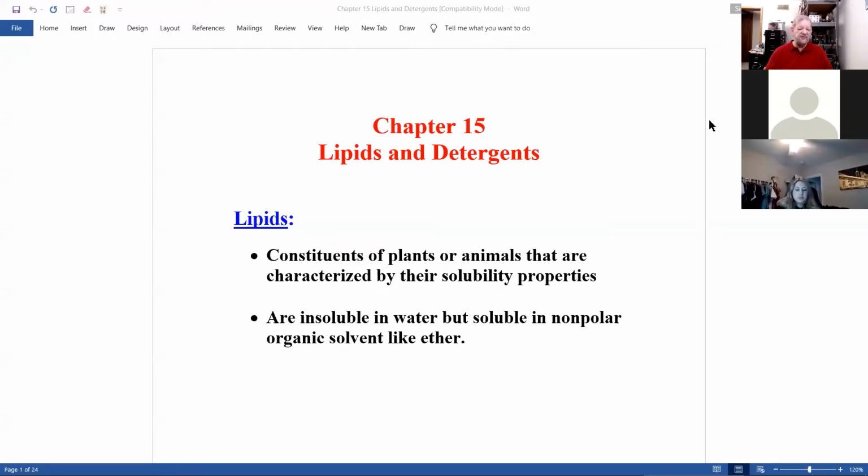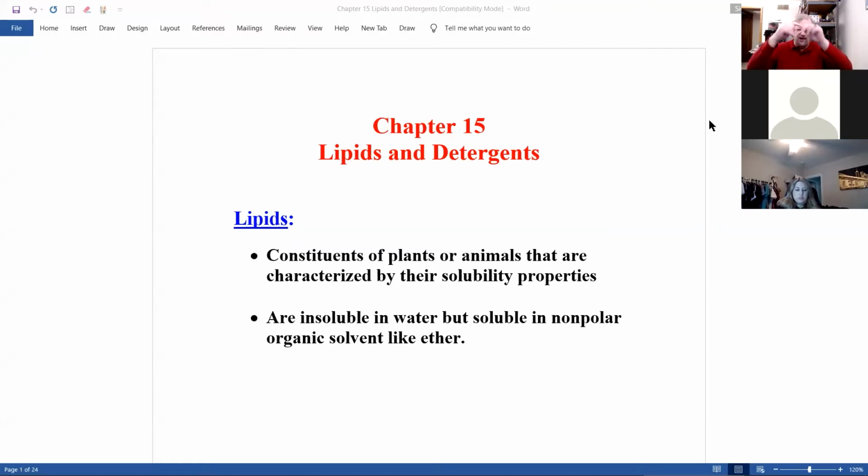What are lipids? Those are constituents, chemicals that come from plants and animals, and they're characterized by their solubility property. Now, I'll never ask on the test what's a lipid.